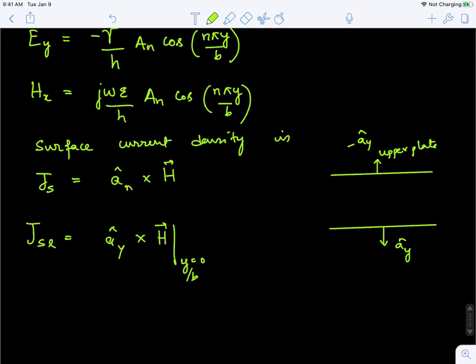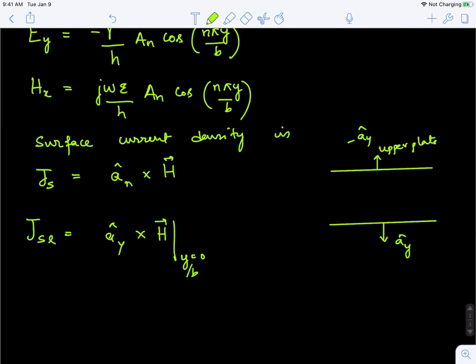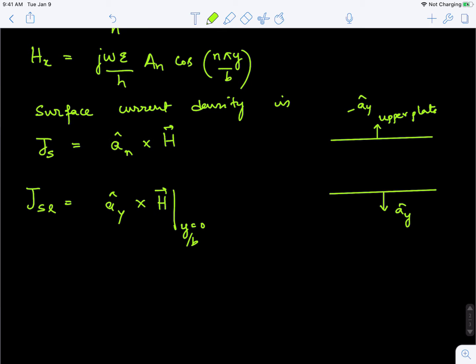So y by b equals 0. This is the formula if we assume the y coordinate is in this direction, so then this will be negative and this will be positive. Let's go ahead and write it out.